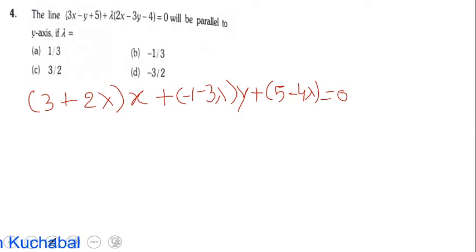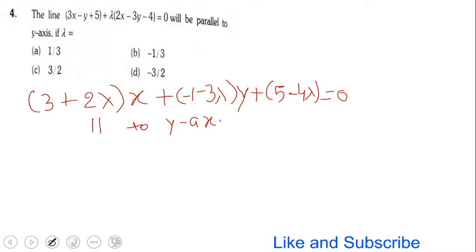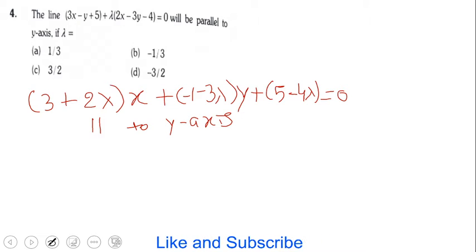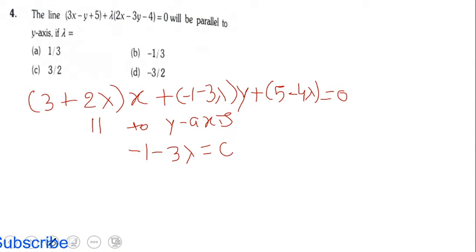And in the question it is given that it will be parallel to the y axis. So parallel to the y axis means we have to take the y coefficient as 0 here. So we get minus 1 minus 3 lambda equal to 0.